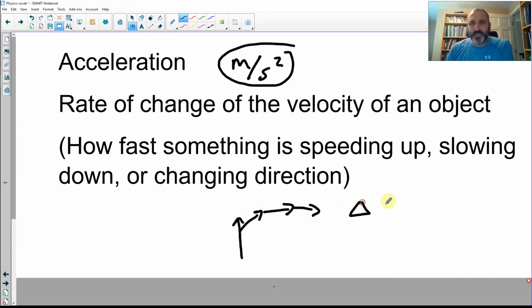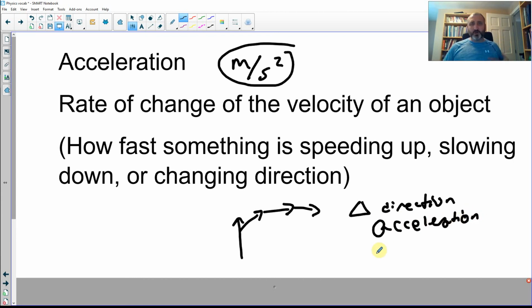And that is a change in direction. And this delta, this triangle, always means change in. So that change in direction is also a way that you can accelerate. Okay, acceleration. So there are really three ways you can accelerate, and this is really important. You can either speed up, you can slow down, or you can change your direction.